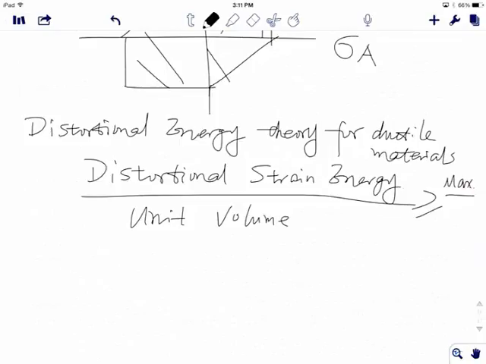In other words, when you have a distortion energy stored in any element or material, once you divide that by the unit volume, if it reaches a certain maximum value, then failure will happen.